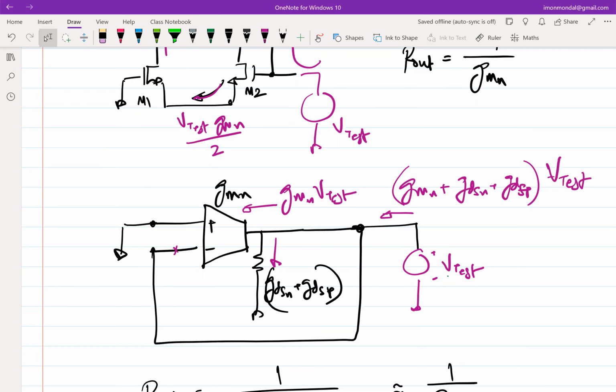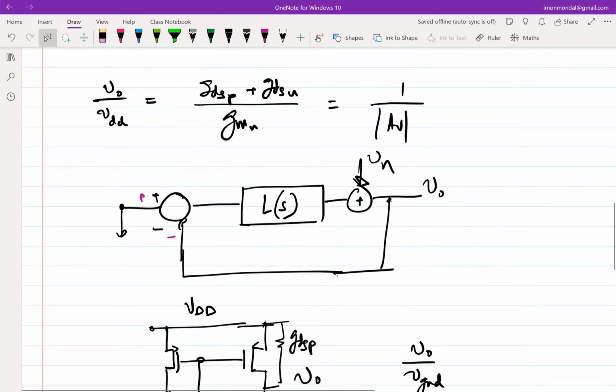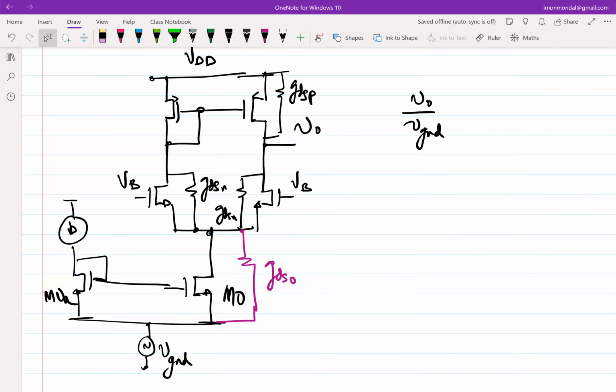The load changes, the output shouldn't change. So that's what we are essentially making. It has a gain of 1, but the crucial thing is that it has a gain of stable 1. It doesn't change if something else changes in the circuit. And that's the whole purpose of doing negative feedback.